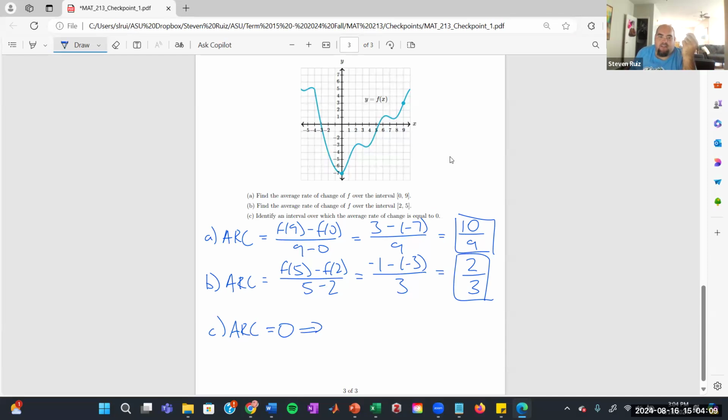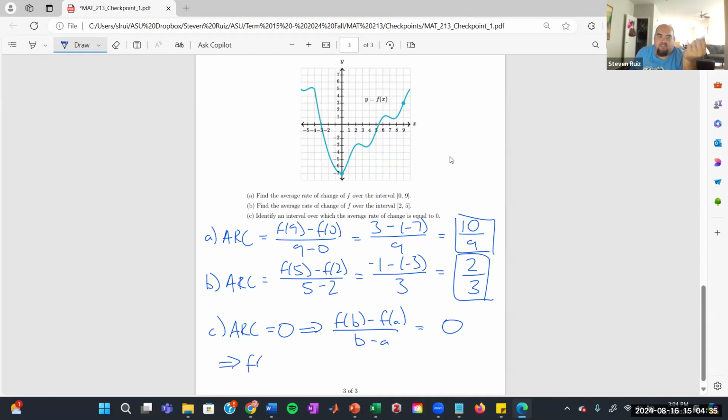Well, that means that f of b minus f of a over b minus a is equal to 0. What can we learn from that? When is something divided by something else going to give you a 0? That really only happens if the numerator is equal to 0.